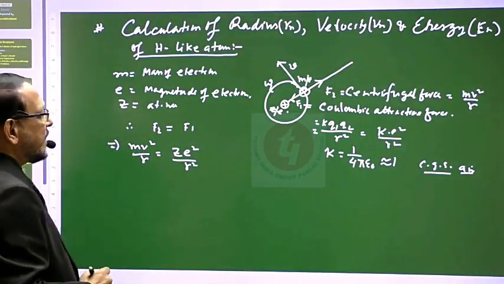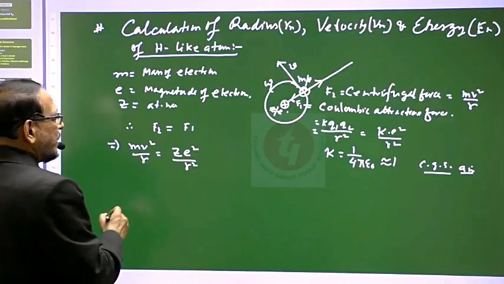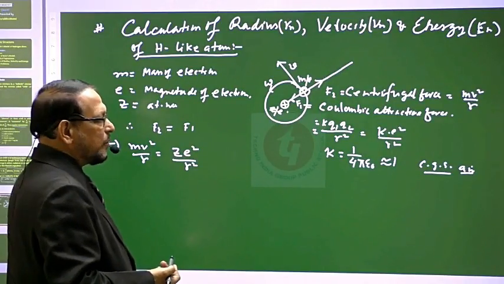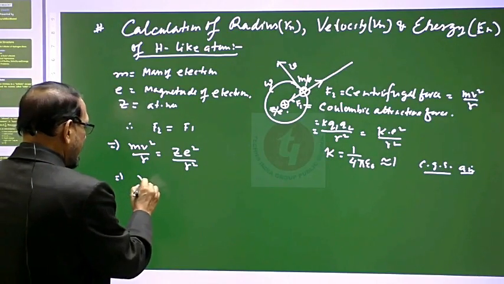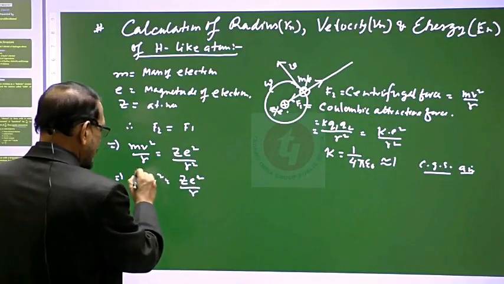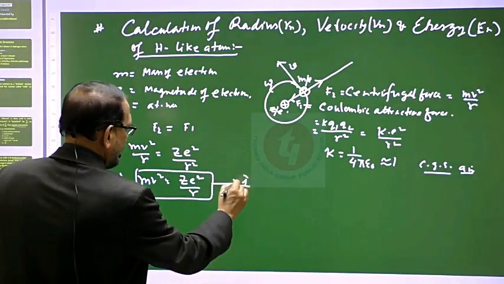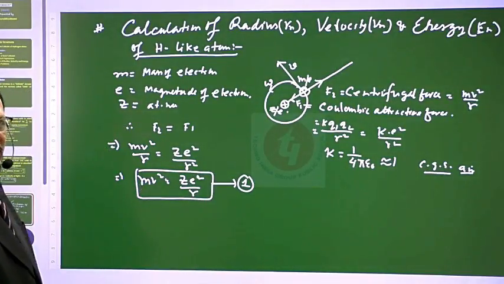Z is equal to 1 for the hydrogen atom, Z is equal to 2 for the helium ion. Now we can write mv square is equal to Z e square by R. So this is equation number 1, a very important part.